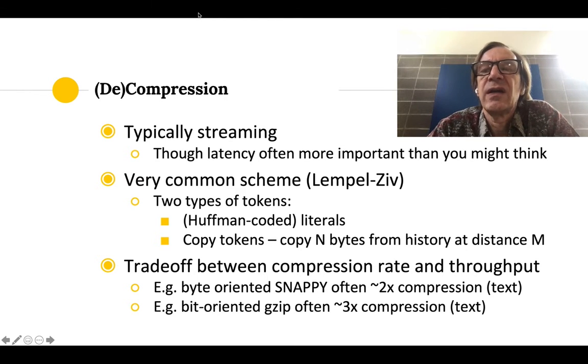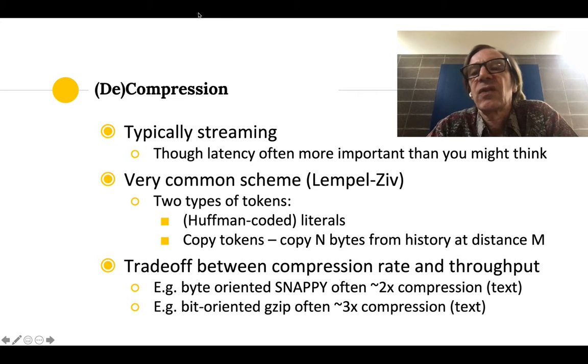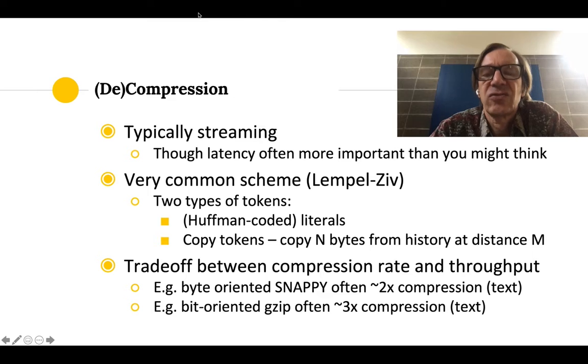Also in decoding, if you have a copy token, then in order to copy the already decoded output to the output again, there is a sequential dependency there as well, though typically not as severe.